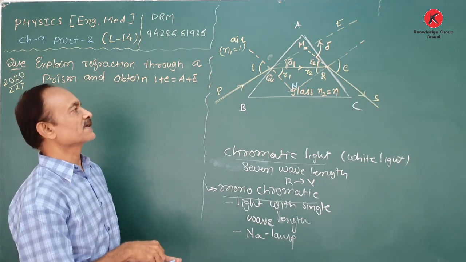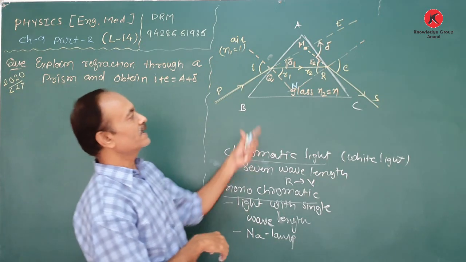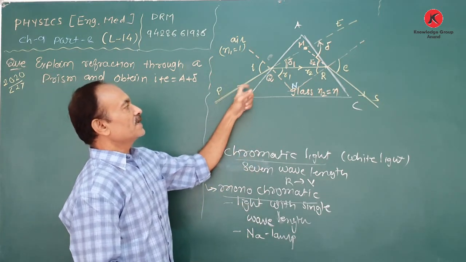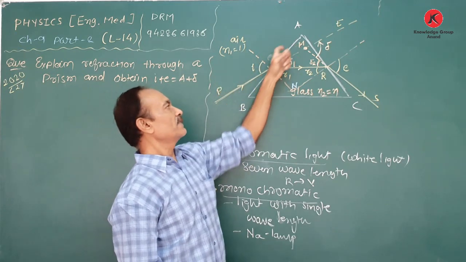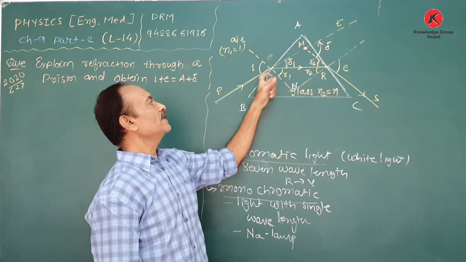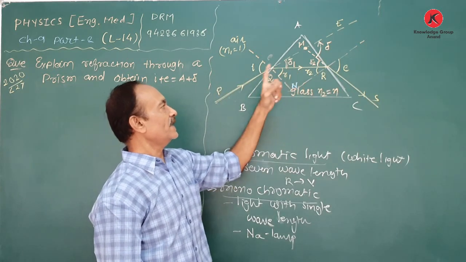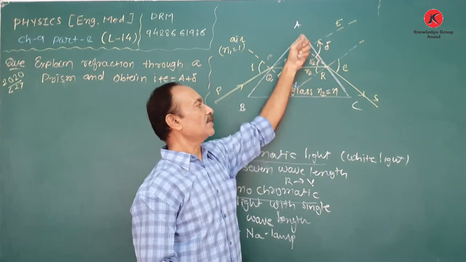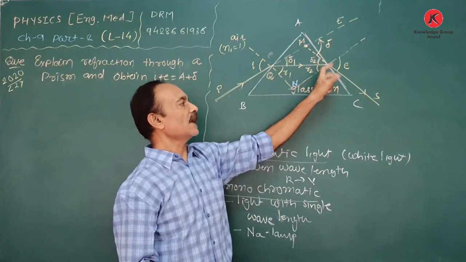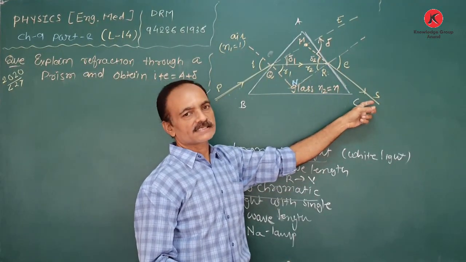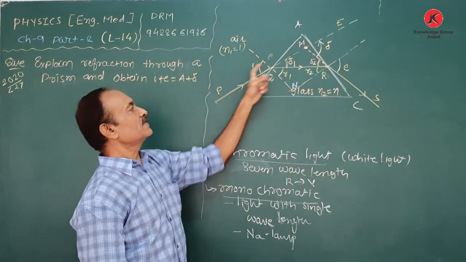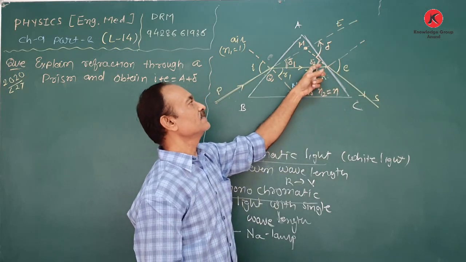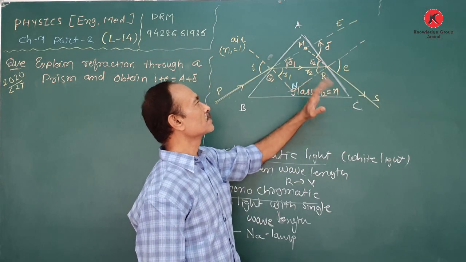Now we have to discuss this figure, so first we write the description of this figure. As shown in the figure, the ray PQ of monochromatic light is incident on surface AB at point Q, and according to Snell's law, it is refracted as QR. This ray QR is incident at point R on surface AC and emerges out as ray RS. The ray PQ is deviated by angle delta 1 and the ray QR is deviated by angle delta 2.